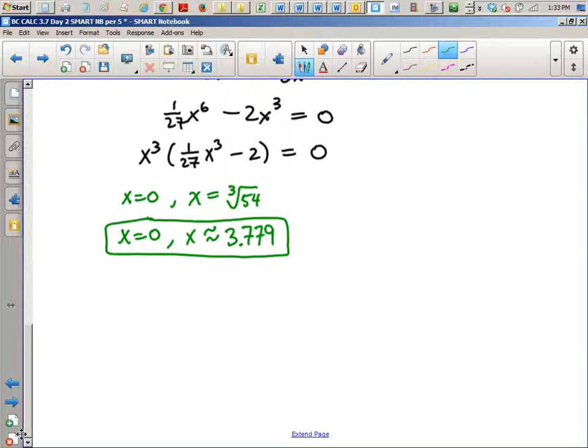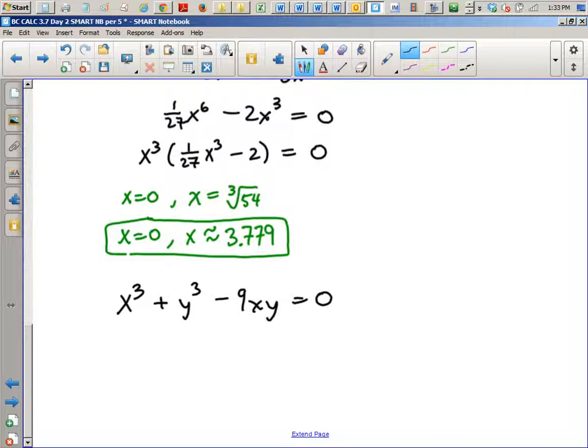Okay, so let's go ahead now and find the y values for these. This is going to be a little bit tricky. Okay, let's just try this. There might be a fast way to do this, but I can't think of it right off the bat. Let's just go ahead and pursue it. We know x cubed plus y cubed minus 9xy is 0. Let's plug in the cube root of 54.